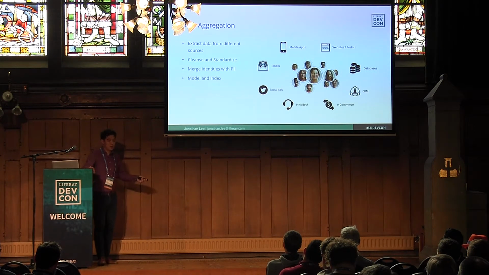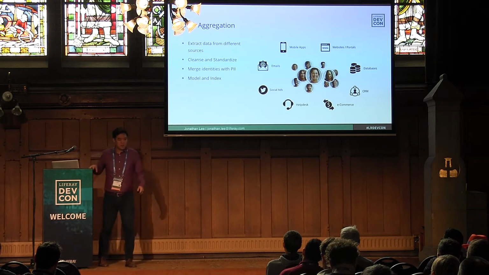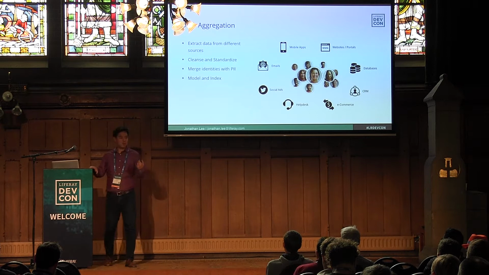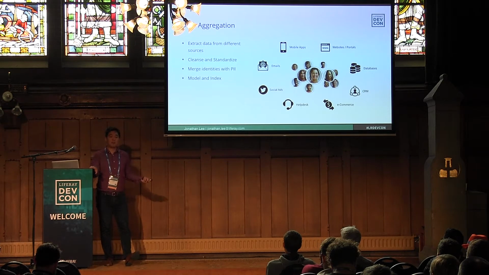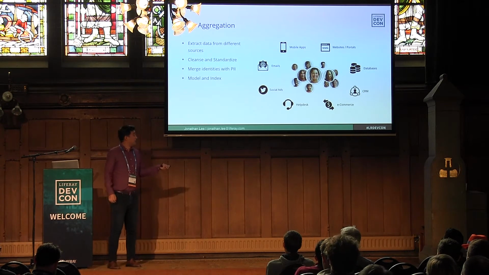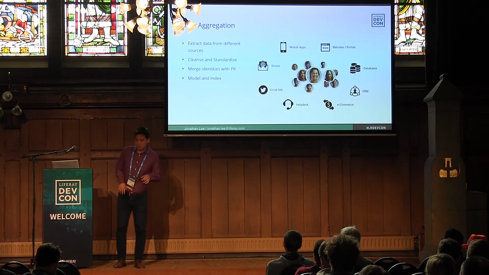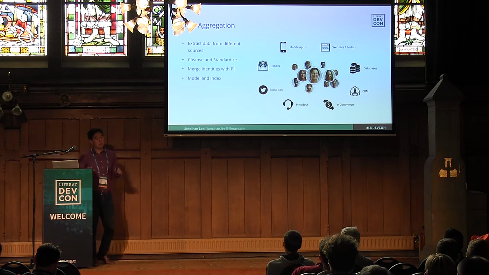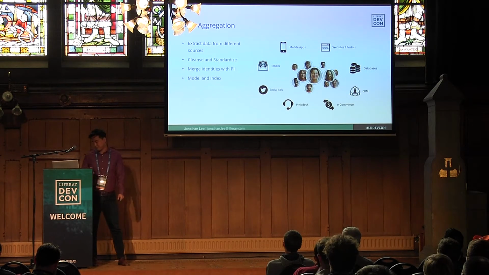But you do have to be careful when you collect PII. You have to make sure you have the consent of the user that you're collecting this data, and you have to let them know why you're collecting that. Finally, you will structure all these data into a unified data model, and index them, so later on you can access them quickly.